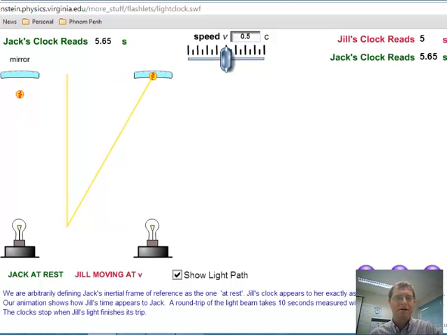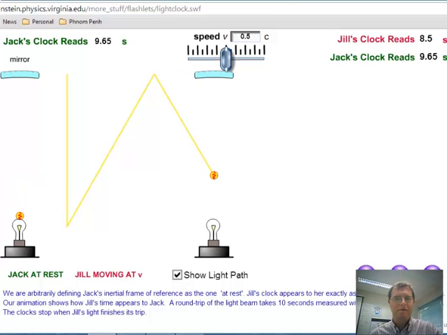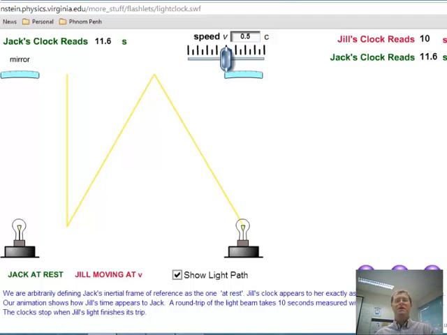Now, from Jill's perspective, she is travelling at a constant velocity, but has no idea that Jack's perceiving the distance travelled by the light as different. So Jill's clock to her reads 10 seconds.